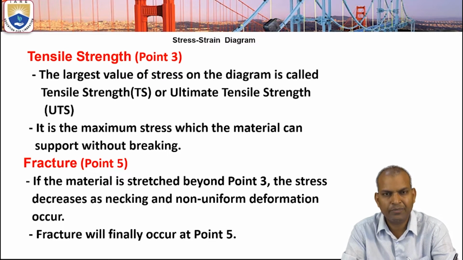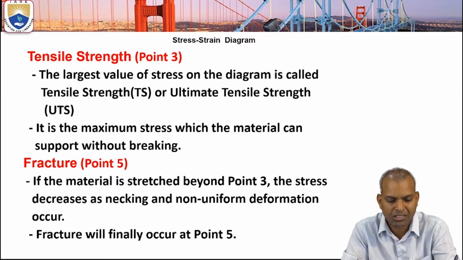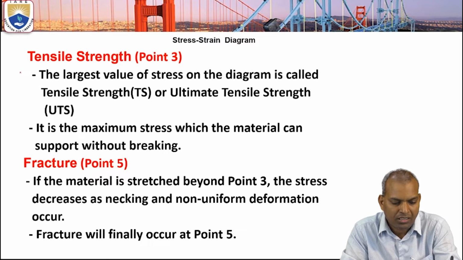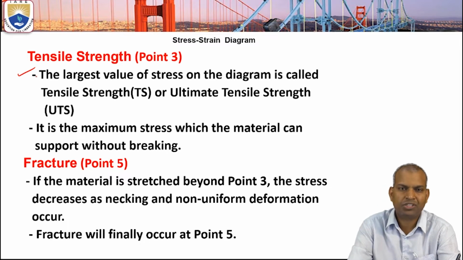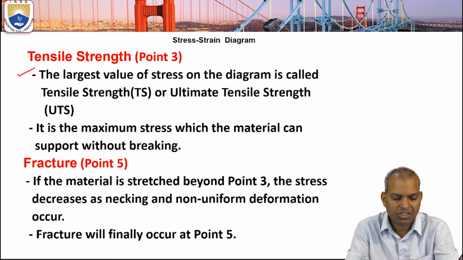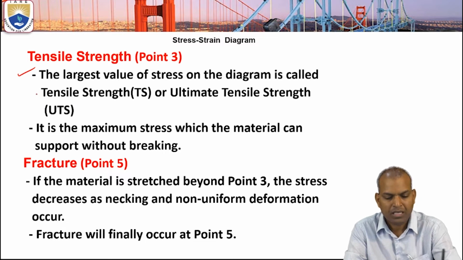That means our ultimate tensile strength is the tensile strength of a material. The largest value of the stress on the diagram is known as tensile strength or ultimate tensile strength, UTS.